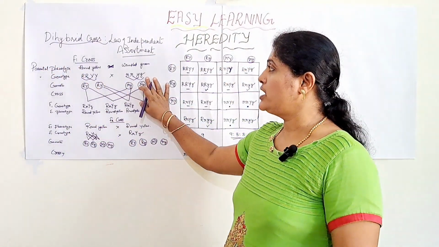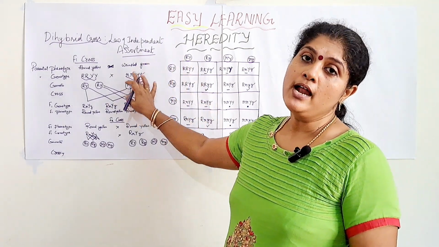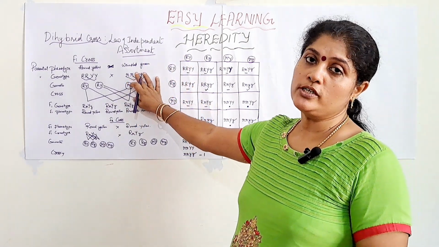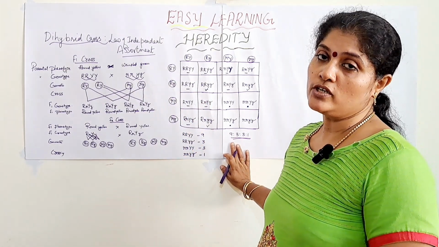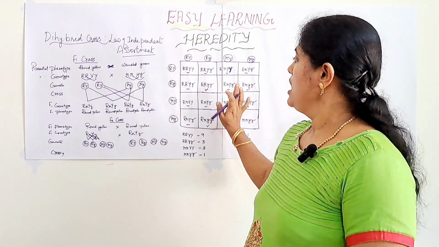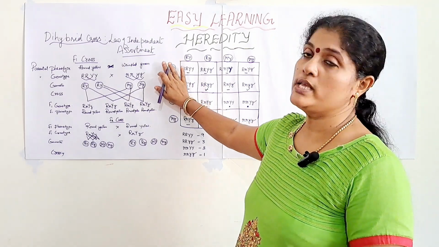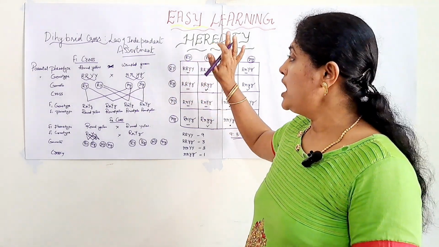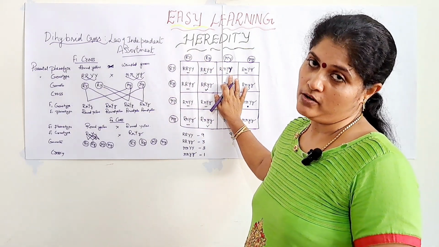I hope you all have understood how the cross is written and the explanation of the dihybrid cross. The ratio is known as the dihybrid ratio, and the ratio is 9:3:3:1. So, this you should remember, and you should know to write the cross very well, because the question is always based on the particular cross, that is monohybrid and dihybrid cross.